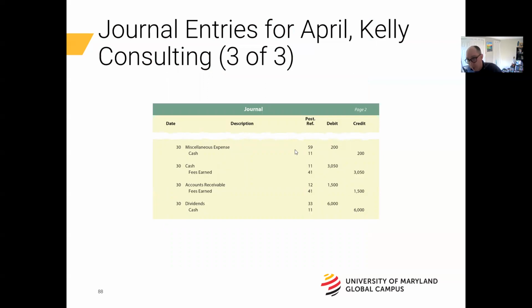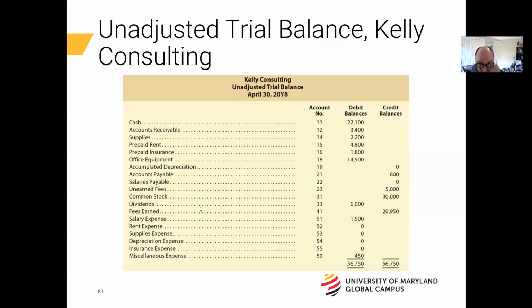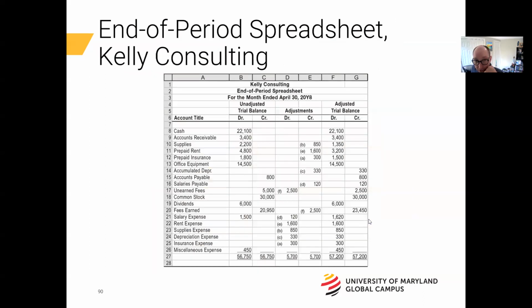At the end of each month, we perform our adjusting entries. We made adjusting entries for miscellaneous expense, for receiving some cash, for recognizing sales made on account, and an adjusting entry made for dividends. Then we performed our unadjusted trial balance to verify that our debits equal our credits.